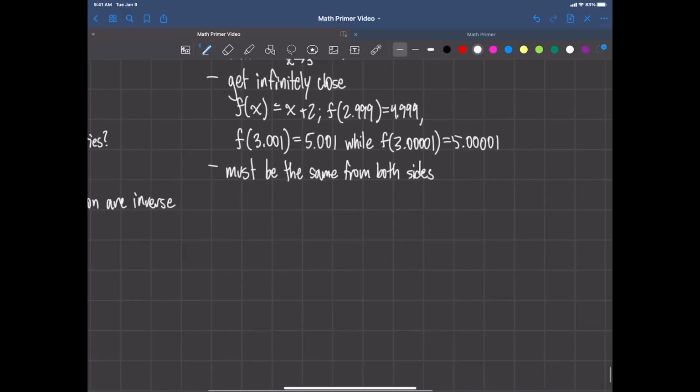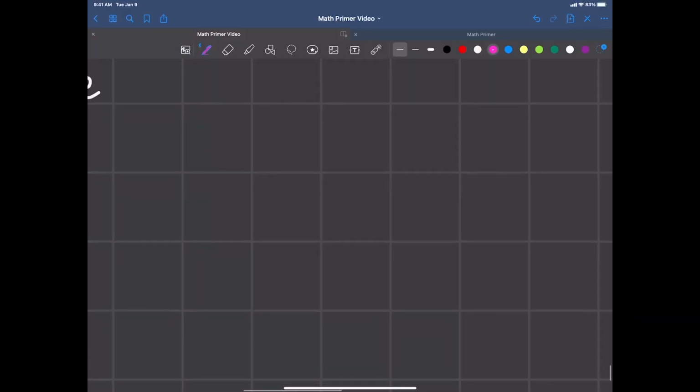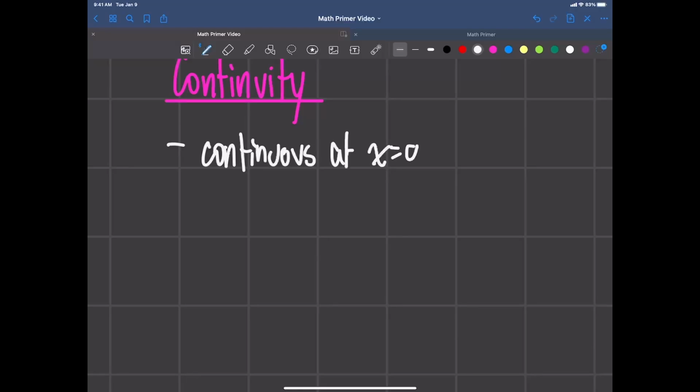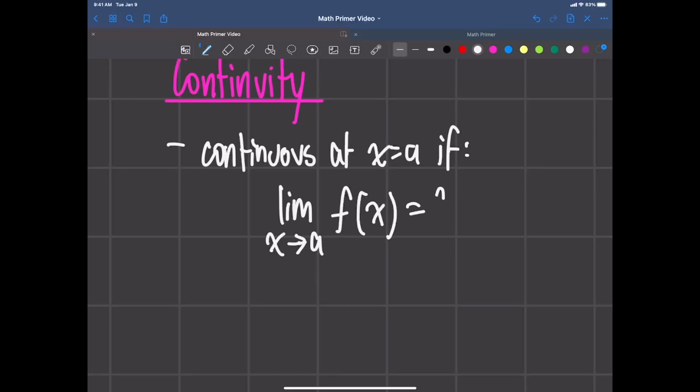Now let's talk about continuity. A function is said to be continuous at x equals a if the limit as x approaches a of f of x is equal to f of a.